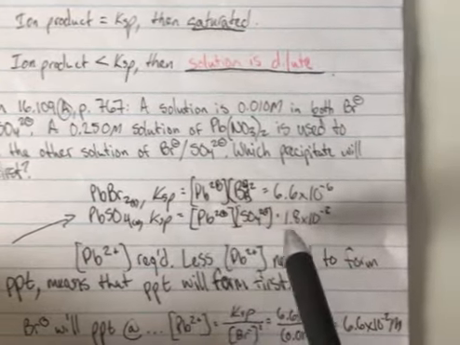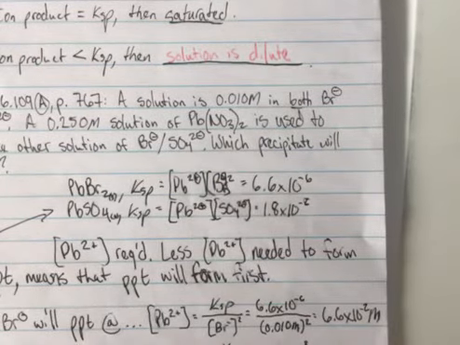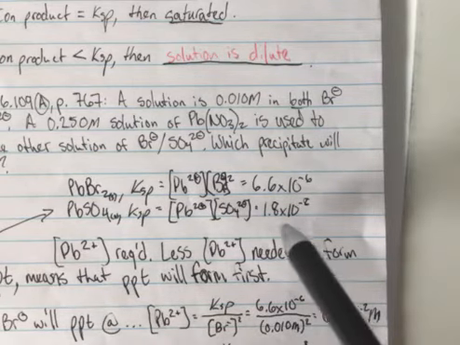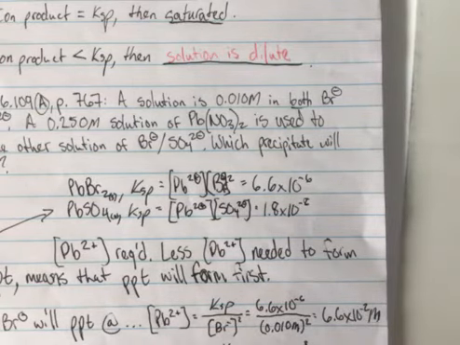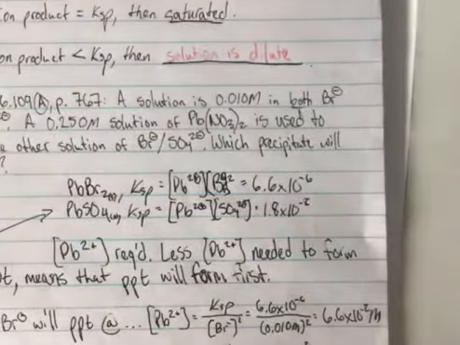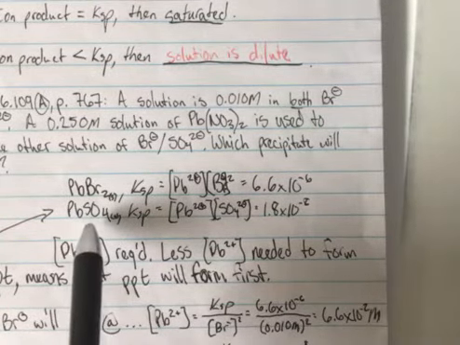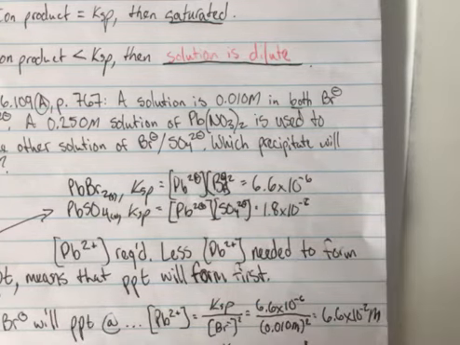That KSP for each one, for lead bromide, it's 6.6 times 10 to the minus 6. For lead sulfate, it's 1.8 times 10 to the minus 8. Okay, so the smallest KSP is going to be the one that's going to form first, right? Because you just have two particles that could combine to form this solid here, whereas you have three for lead bromide.